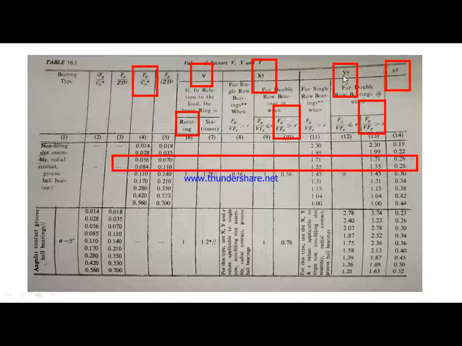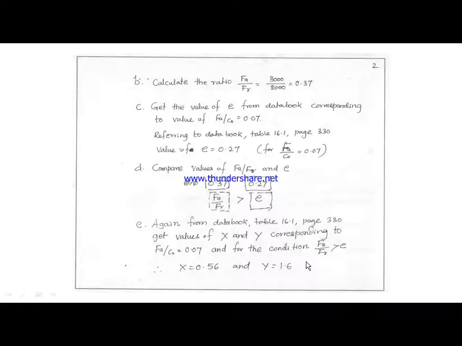But the value of Y for the condition FA by FR greater than E and for FA by C naught equal to 0.07, you have to get the value of Y by interpolation. It lies between 1.71 and 1.55. So by interpolation, the value of Y is 1.6 and as usual X equal to 0.56.